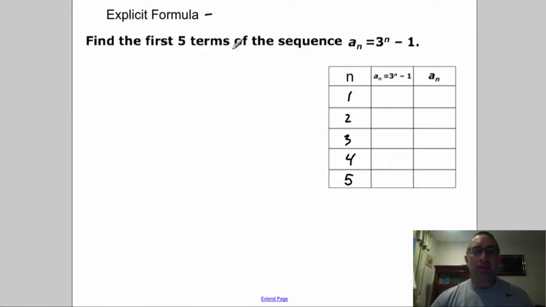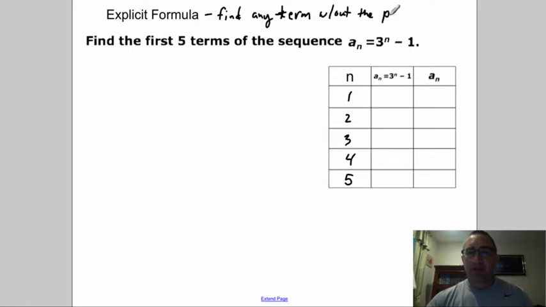This is called an explicit formula in this case, and it allows us to find any term in the sequence without having the previous. Okay? So it's different than a recursive.